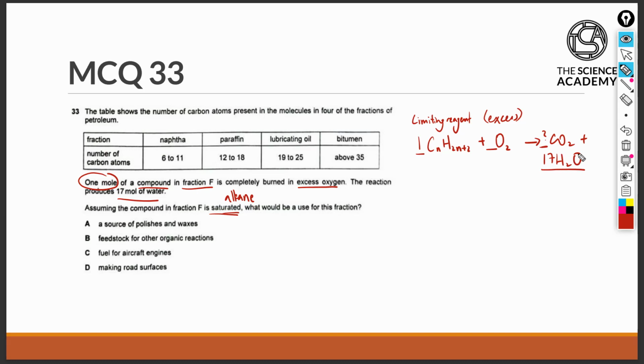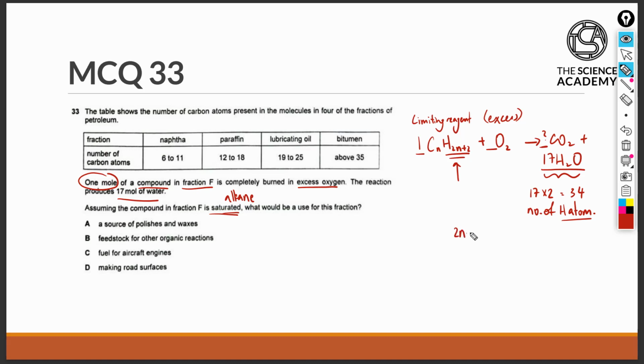Since 17 moles of water is produced, we can conclude that there are 17 times 2 hydrogen atoms in the products. Water is the only product that contains hydrogen atoms. So it is safe to assume that all of this hydrogen came from the hydrogen in the organic compound.